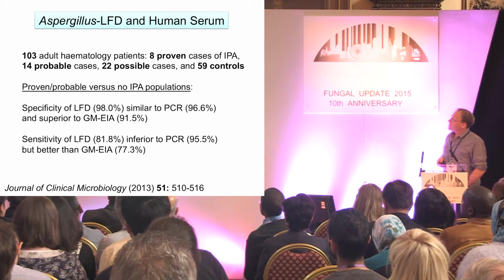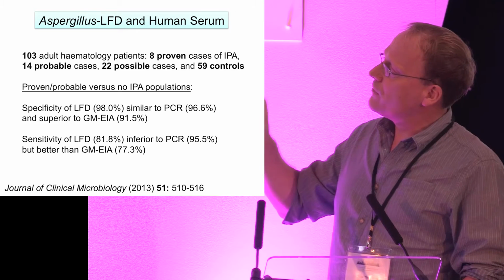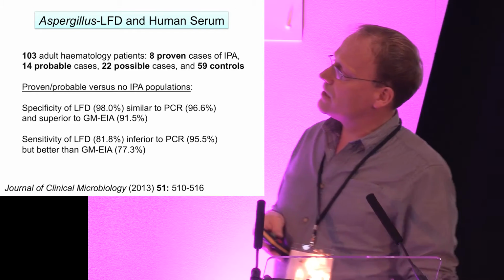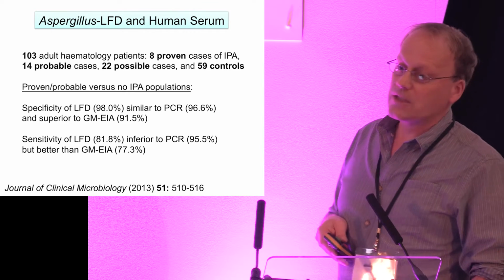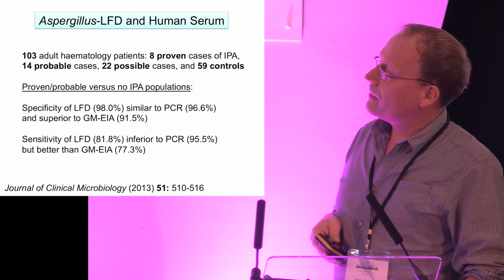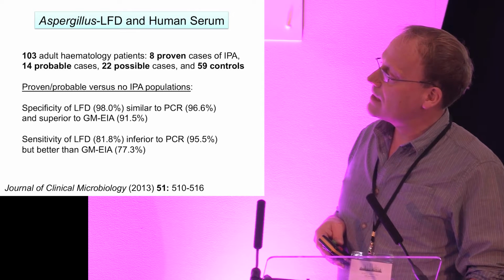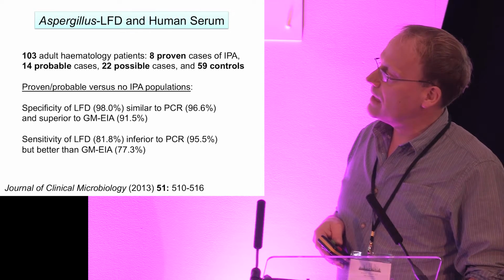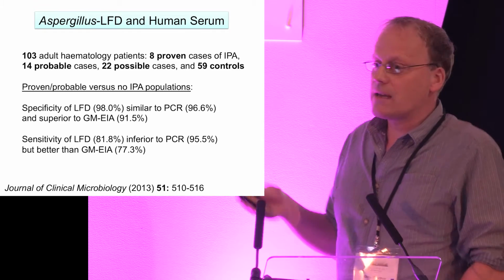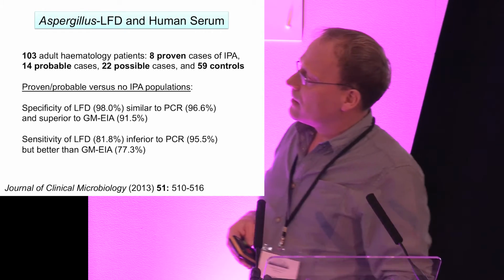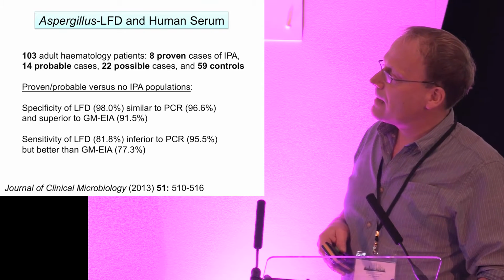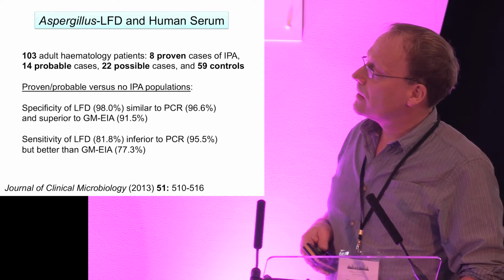In terms of the proven/probable versus no IPA populations, the specificity of the LFD was 98%, similar to PCR, but better than the galactomannan test. Sensitivity was inferior to PCR, no great surprise there, I don't think. And again, slightly better than the galactomannan immunoassay.